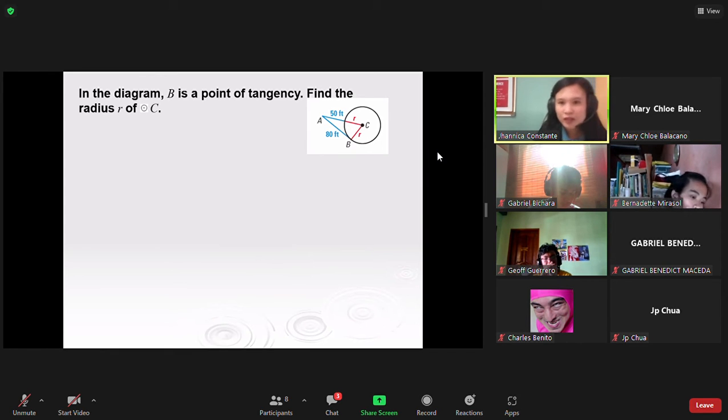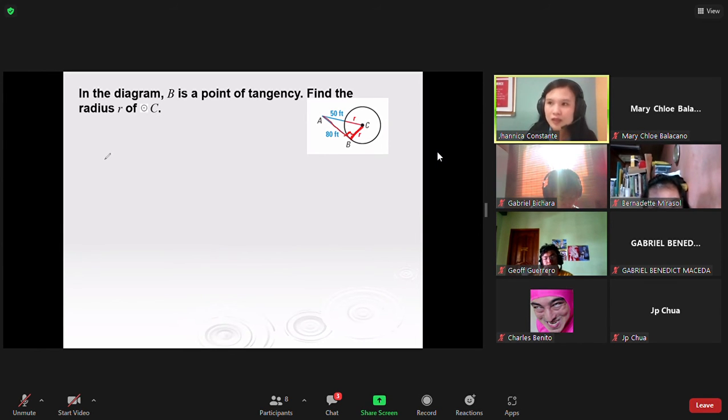To find the radius of the circle, we're going to use the Pythagorean theorem. Since we have a tangent line, and it's perpendicular to our radius, it will produce a 90 degree angle. Since it's 90 degrees, we can use the Pythagorean theorem, which is applicable only to right triangles.